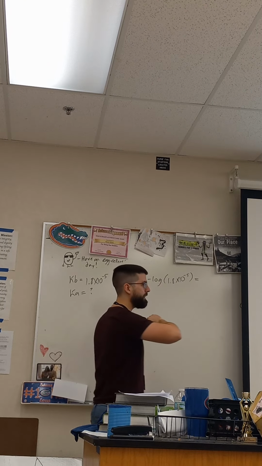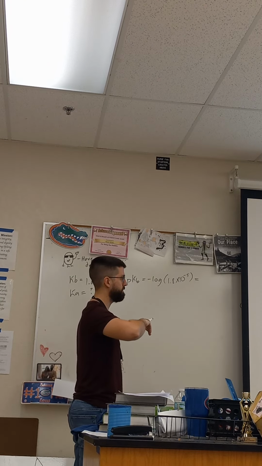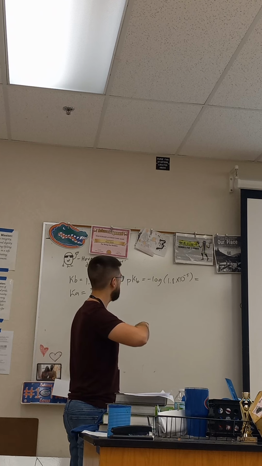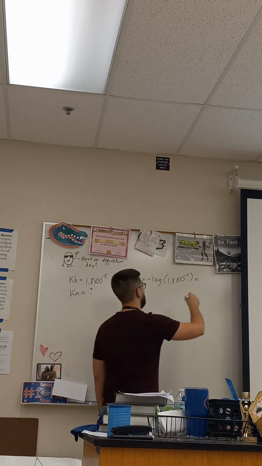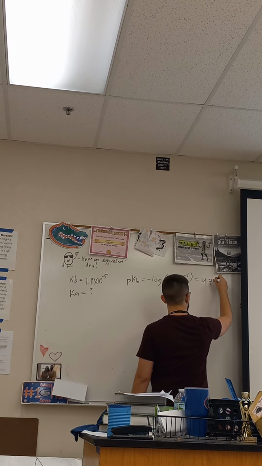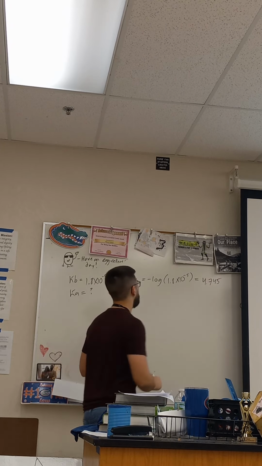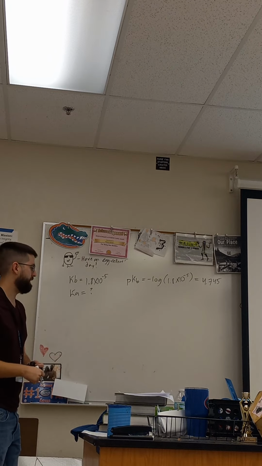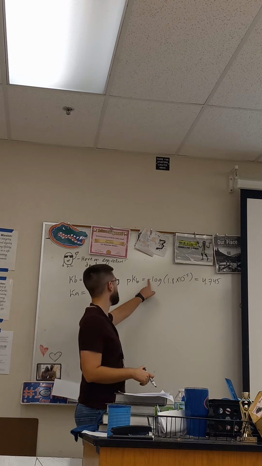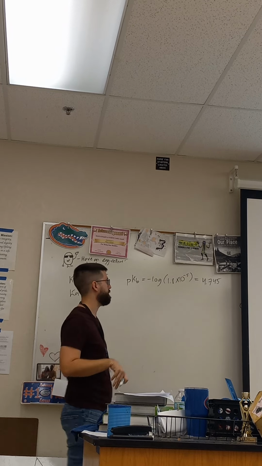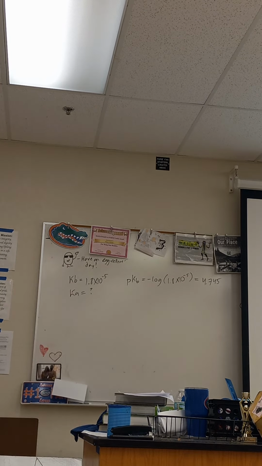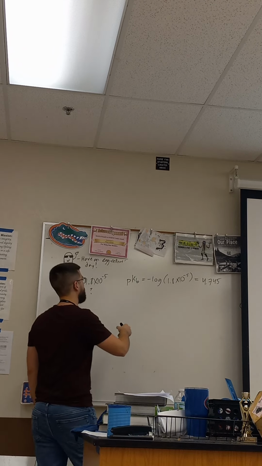Wait, did you do negative log? What did you get, sir? 4.745. We got dissension. 4.745 is what I got. Just because if you look, you got a negative here and here, so when it goes through the magic, it should come out positive. Yeah, I forgot to put the negative on the exponent. Oh, and the exponent, yeah, that will do it then.